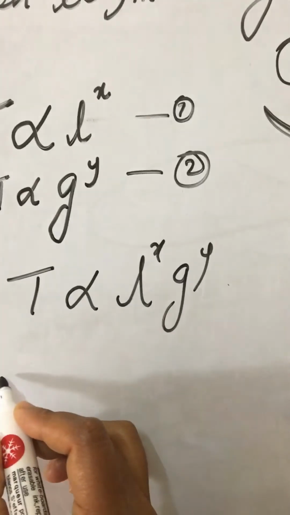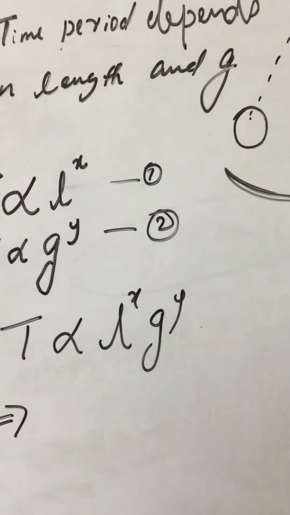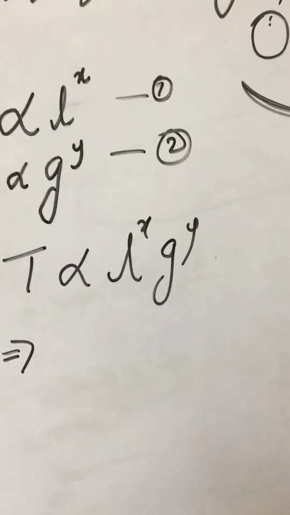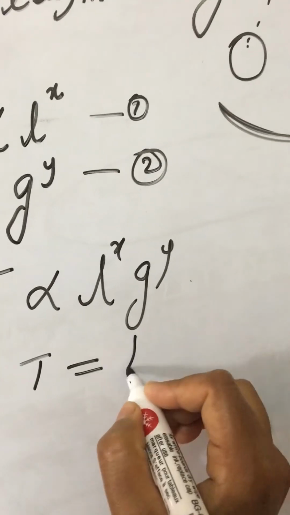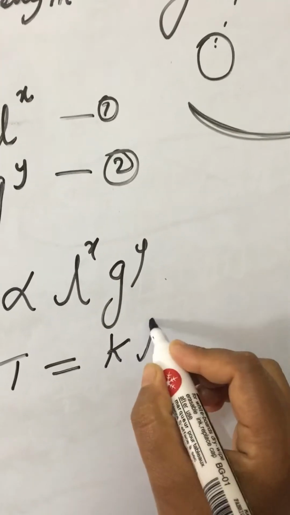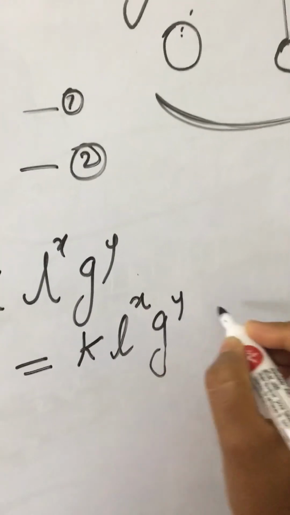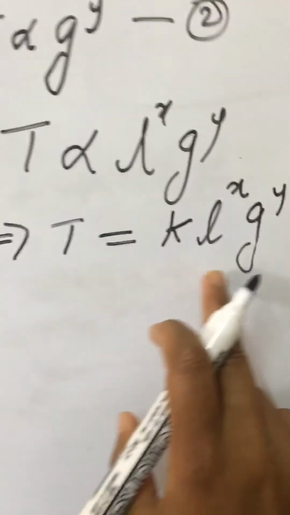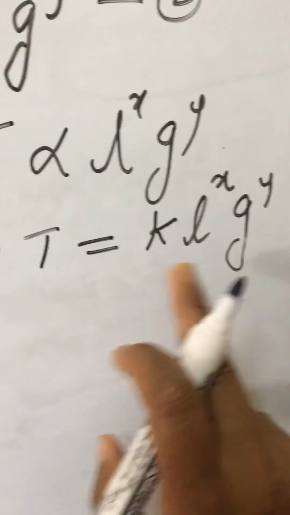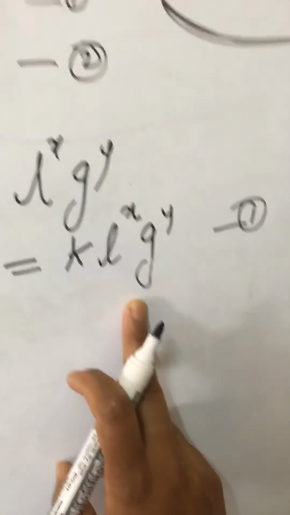Whenever we have proportionality, dependency, the exactness of the dependency we do not know. So whenever the proportionality is changed to an equal to, a constant should come. A constant is a number only. So T = k L^x g^y. Call this equation number 1. Now I can get the relation by using dimensional analysis.